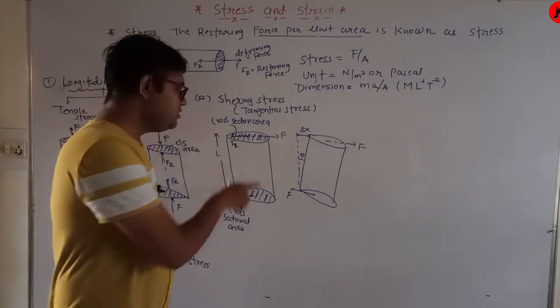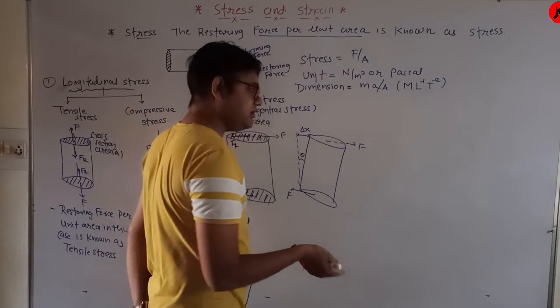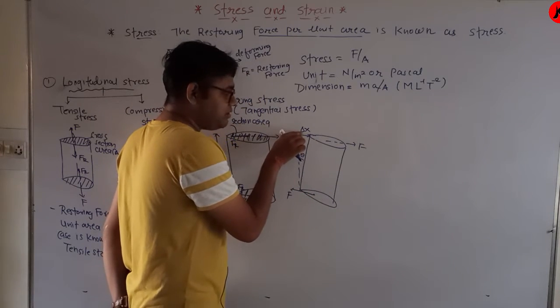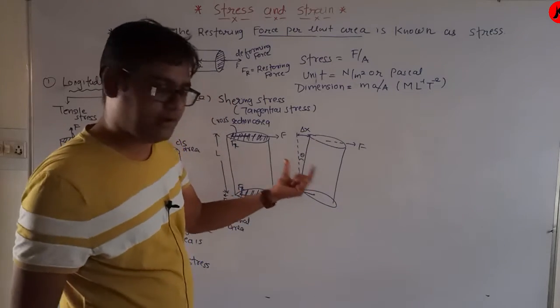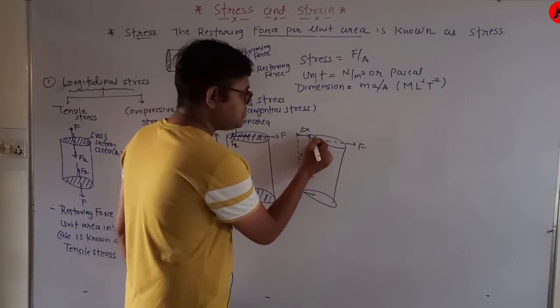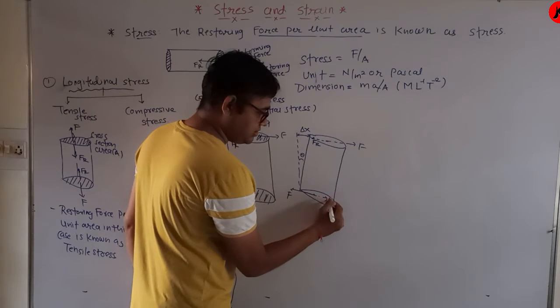The cylinder tries to be in equilibrium, but there is some deflection delta x with deflection angle theta, and the cylinder tries to develop a restoring force in the opposite direction.